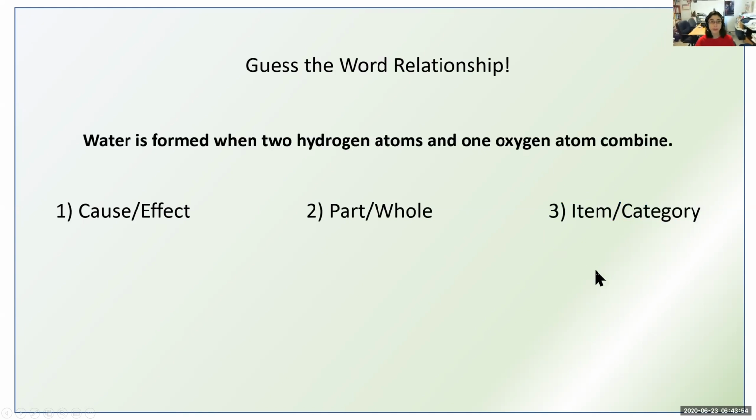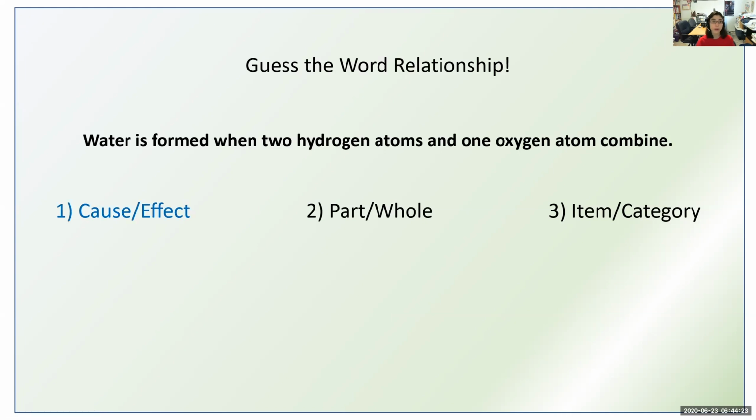Let's try another one together. Water is formed when two hydrogen atoms and one oxygen atom combine. So, is this word relationship going to be a cause-effect, a part-whole, or an item category?